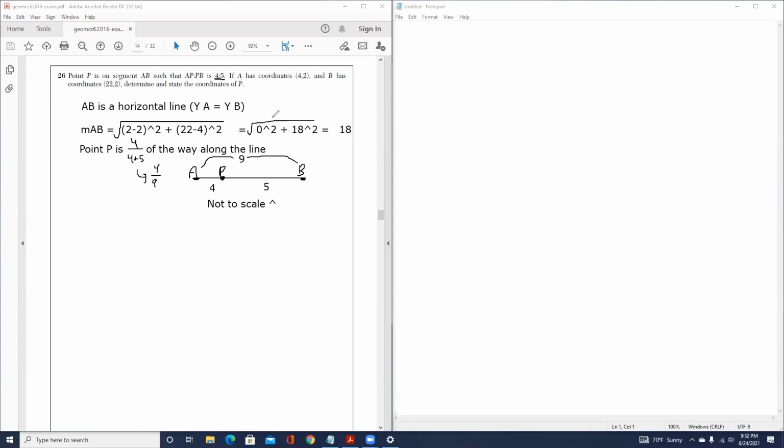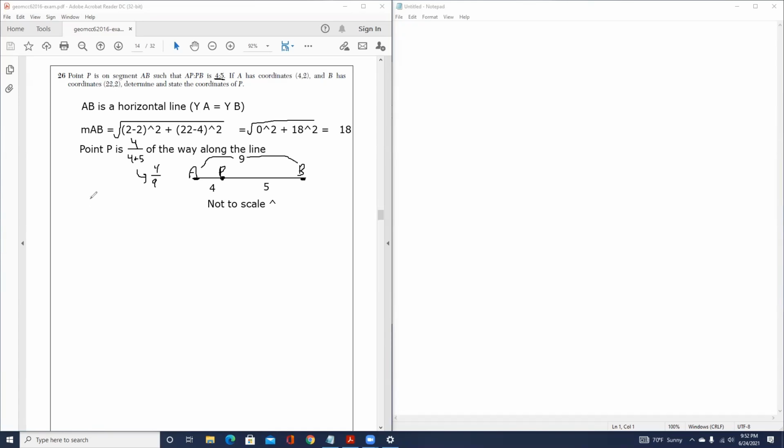So therefore, point P is 4/9 of the way along the line. Sorry, that's the wrong way of looking at it. 4 over 4 plus 5 will get you 4/9 of the way along the line.